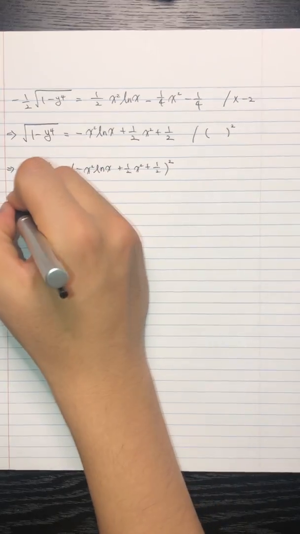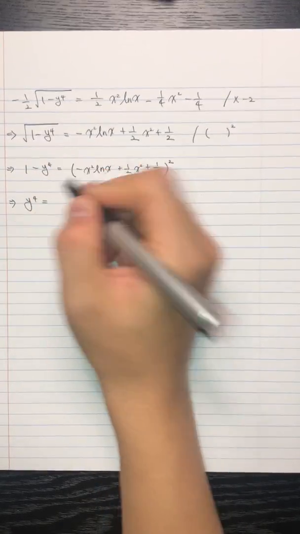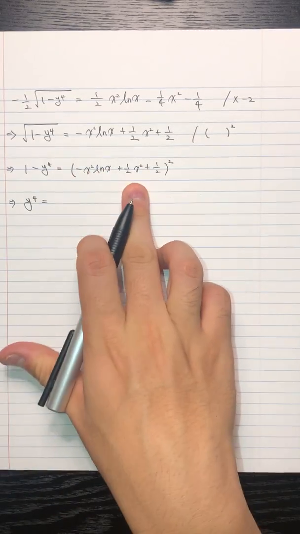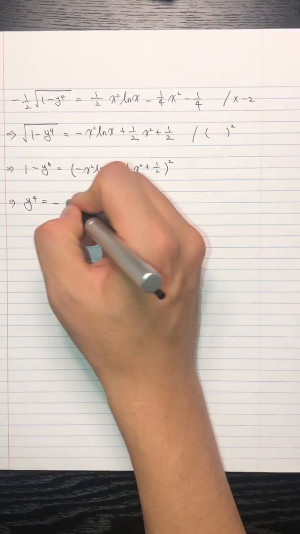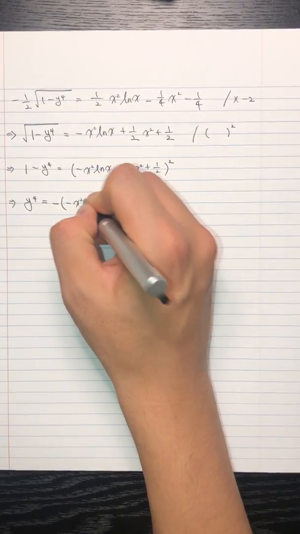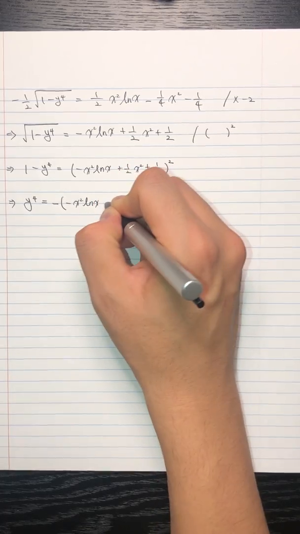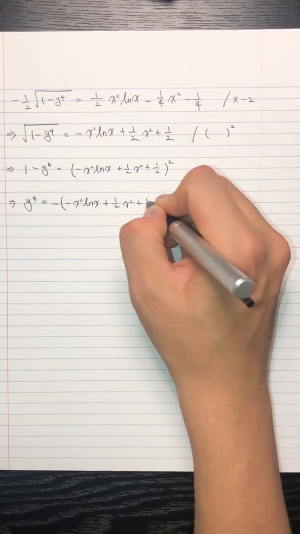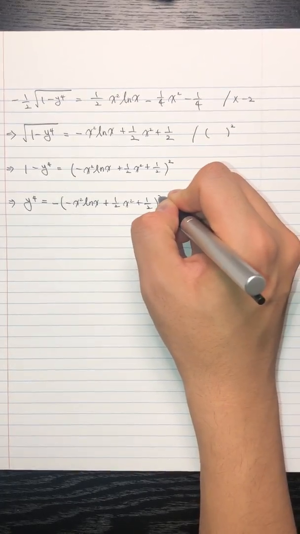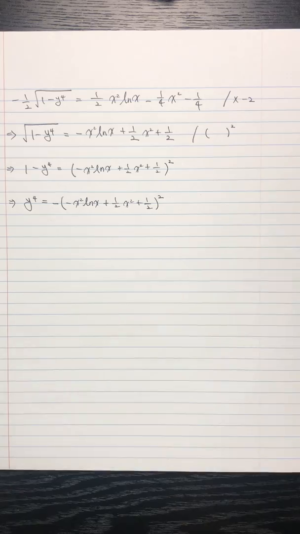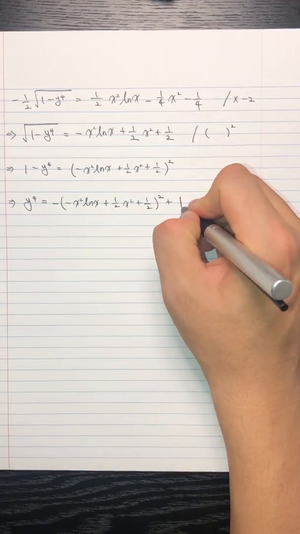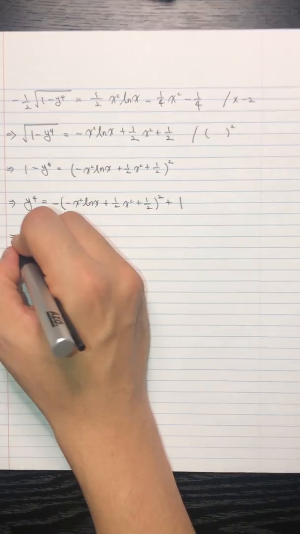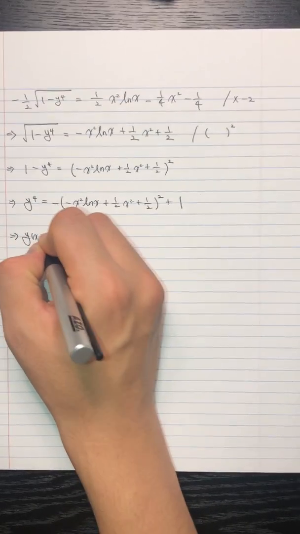So y to the fourth power equals, these go to here and these go to here, so minus (minus x² ln x plus 1/2 x² plus 1/2) squared plus 1. So what is y of x?